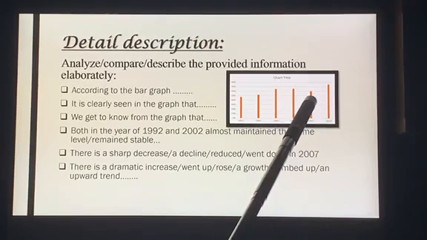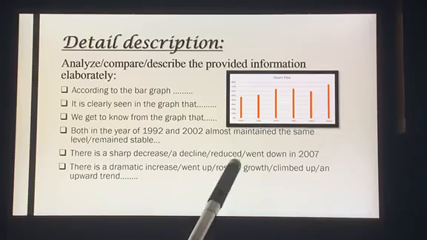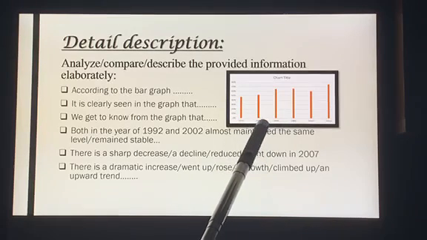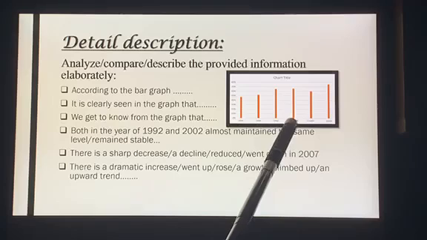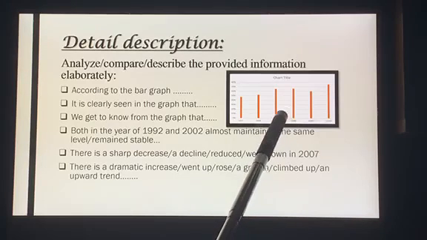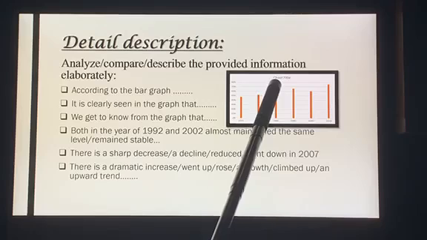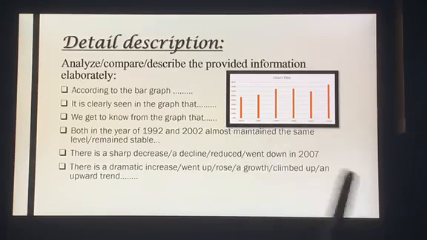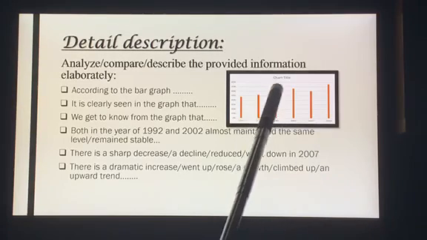Here it is 5%. And if it increases, like let's say from 1982 to 1992, it has increased much. So you can use the word dramatic when the increase or decrease is too much, or the difference is too much.